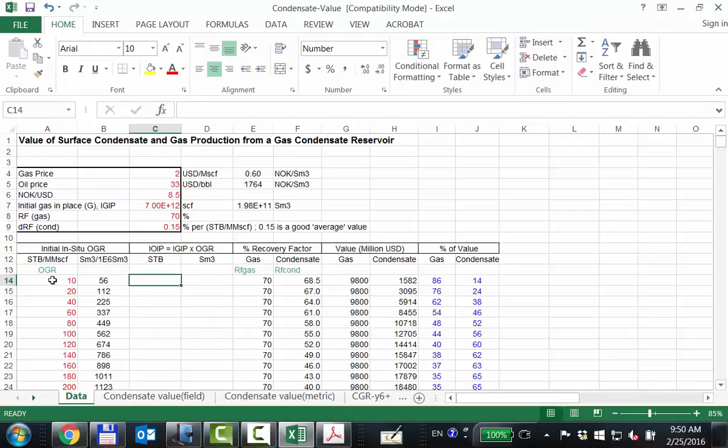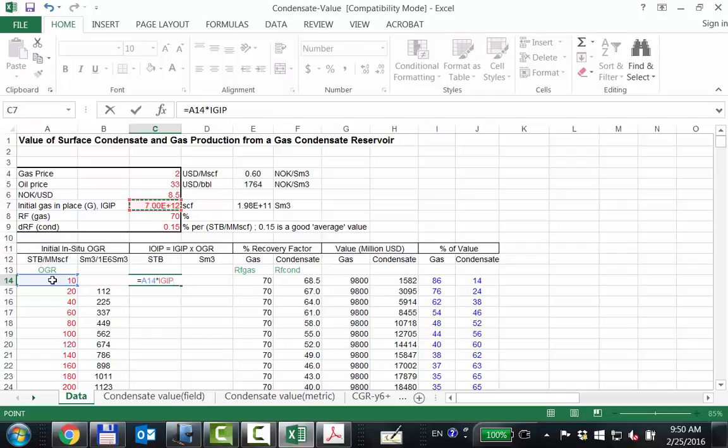Okay. And so that's oil gas ratio in stock tank barrels per million standard cubic feet times this one here, right? But that's not in million standard cubic feet. It's in standard cubic feet. Okay.